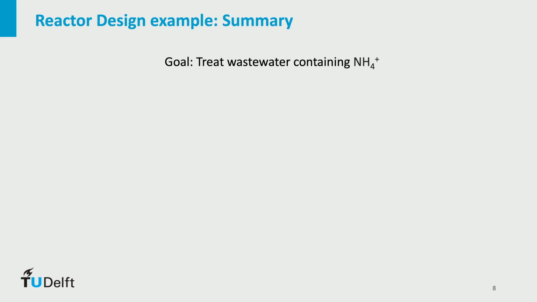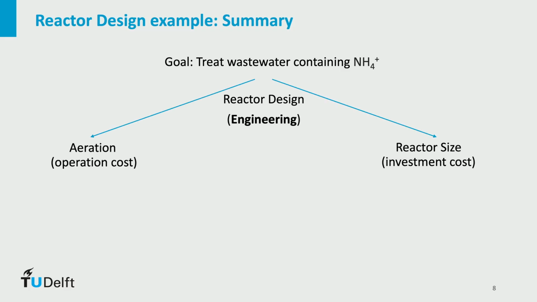Let's summarize the reactor design process. It begins with the goal of treating wastewater containing a specific amount of ammonia. We need to design a nitrifying bioreactor to achieve that target. Reactor design requires two key parameters: aeration demand, which affects operation cost, and reactor size, which affects investment cost.